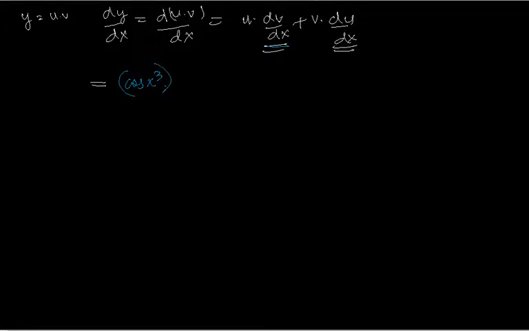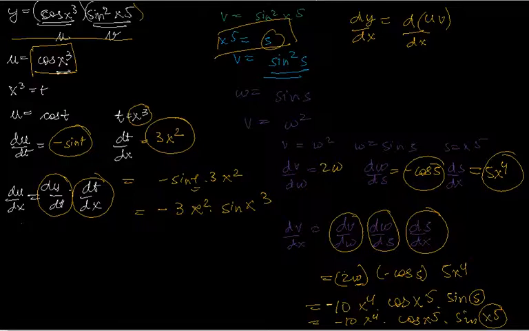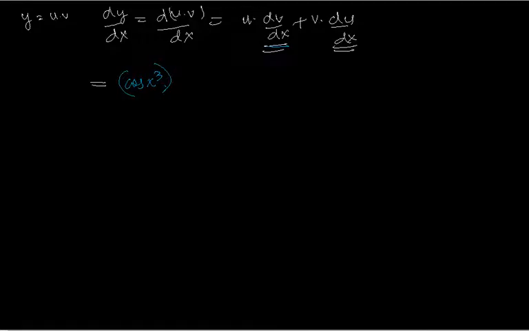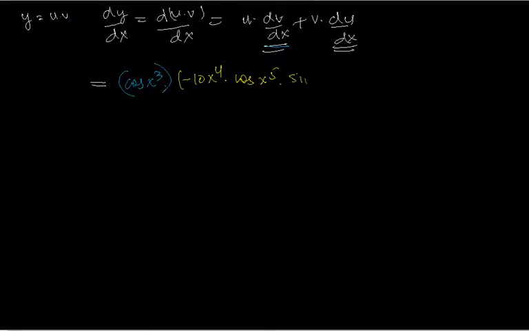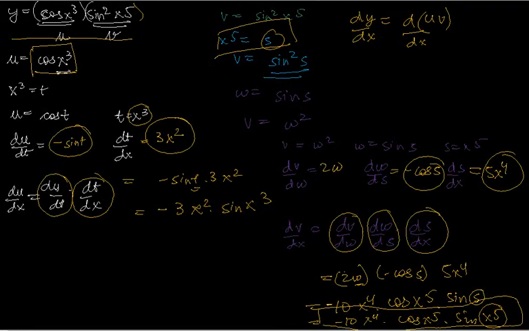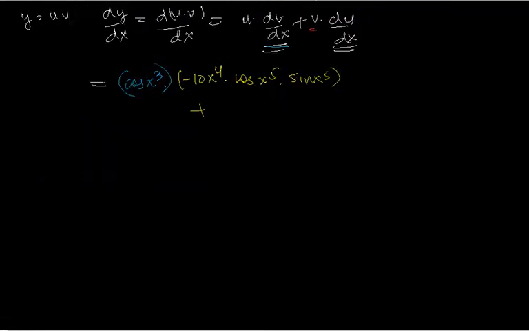What is your dv by dx equal to? dv by dx is this term which you have found out, which is minus 10 into x to the power 4 into cos of x to the power 5 into sine of x to the power 5, plus what is the value for v? v is sine square x to the power 5.